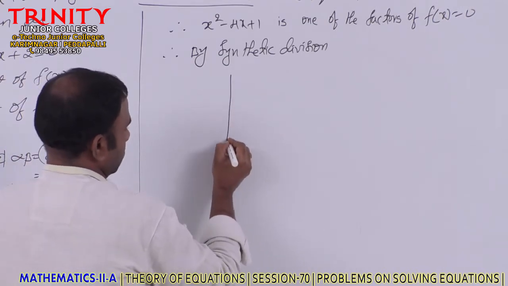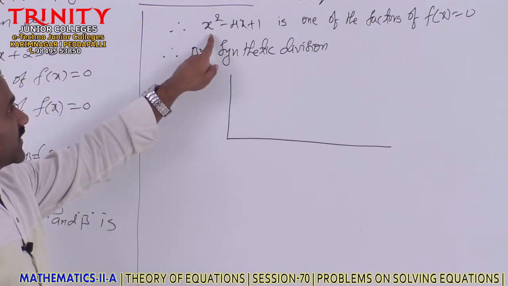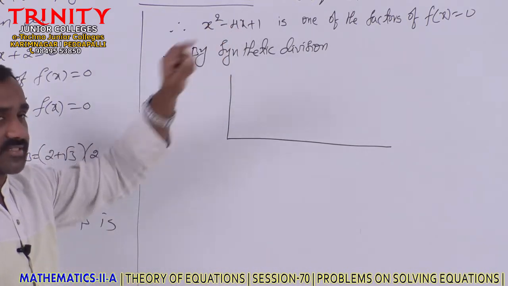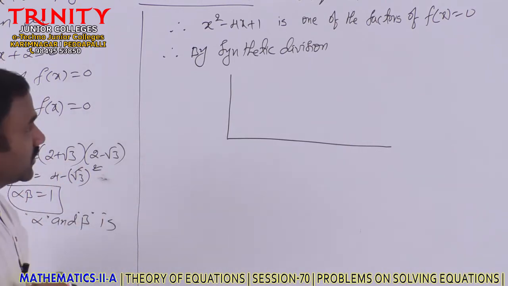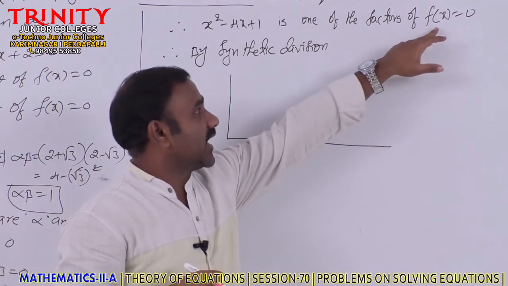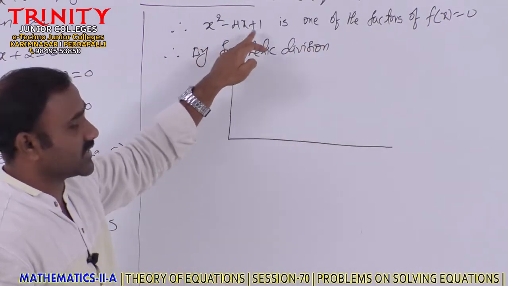Now apply the synthetic division by a quadratic expression, which is in the form of ax square plus bx plus c. In the last class we discussed how to divide the polynomial f of x by a quadratic expression of the form x square minus ax minus b.